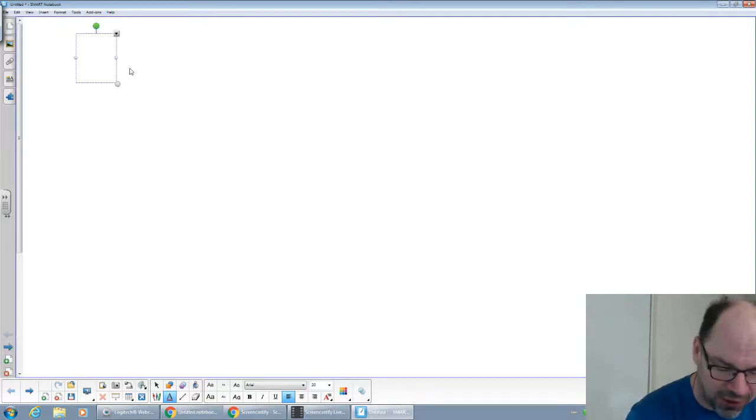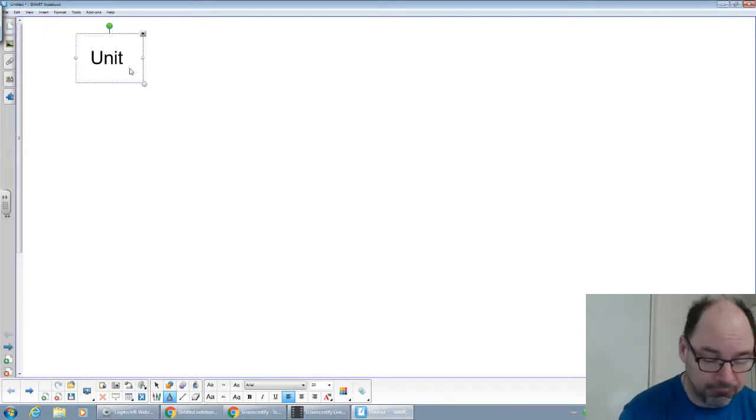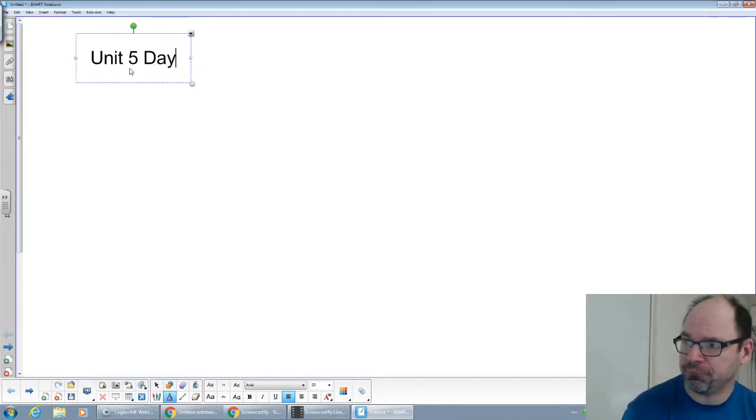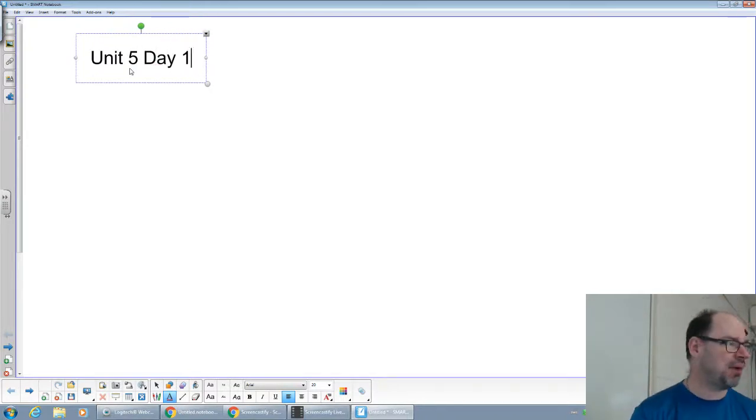So this is Unit 5, and this is day 1. Okay, and that's the maximum and minimum stuff. Probably the most important part of calculus. This will be our part of calculus where we're doing a lot of word problems and solving practical situations.